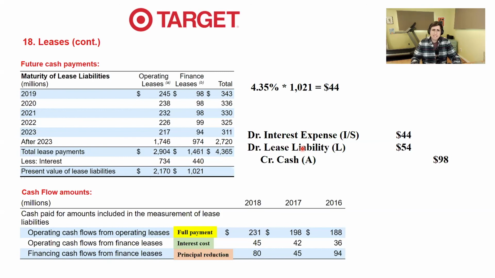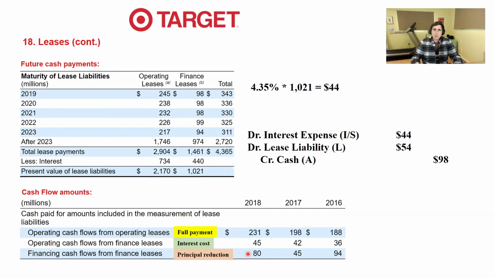So in 2019, if no additional leases are engaged in and no leases are canceled, this is the journal entry you'll expect to see, and this is how you'll expect to see this table filled out. It will say operating cash flows from finance leases is 44, and financing cash flows from finance leases is 54, okay? That's what the cash flow statement will look like in 2019 if nothing changes from 2018.